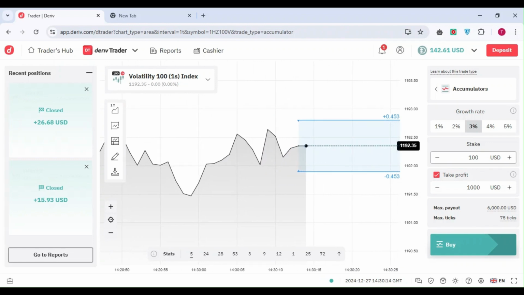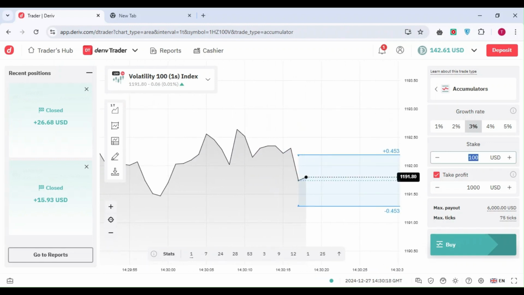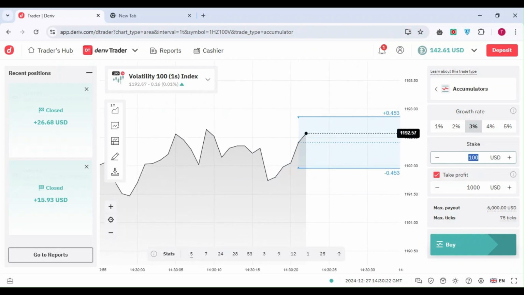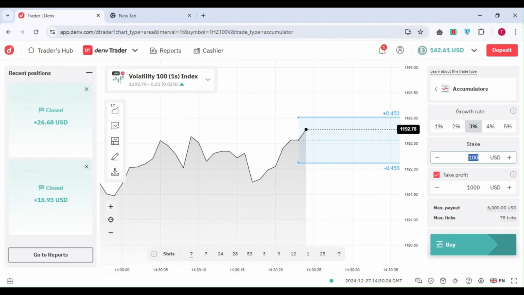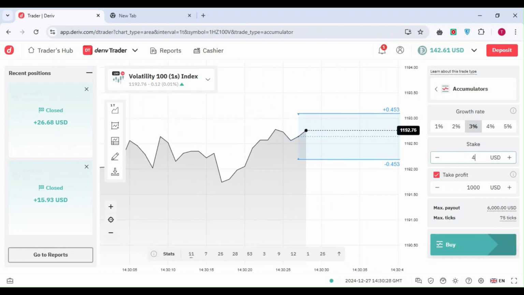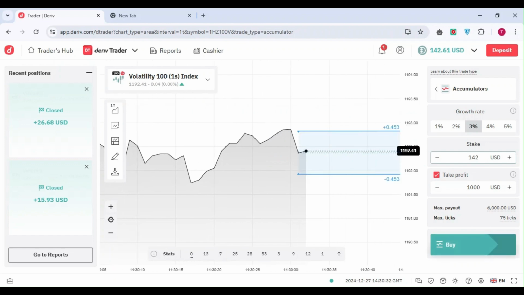Now, if you want to be more risky, you can. As the equity increases, as the capital increases, you can continue increasing the stake. Now you have 142. You can increase the stake to 142. Basically, what you're doing is you're risking the whole account, 152 USD.